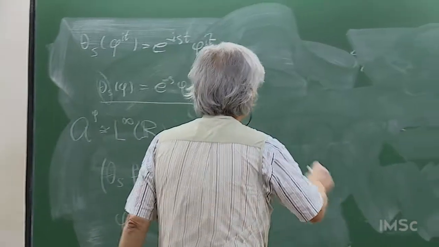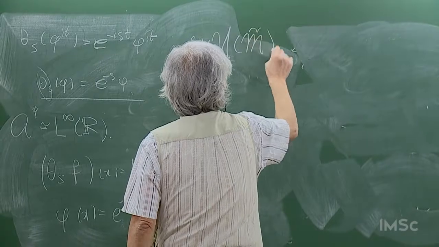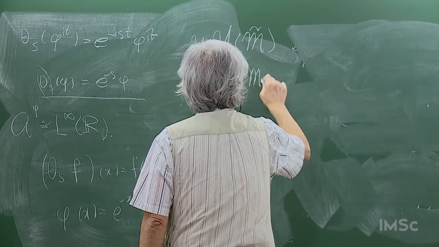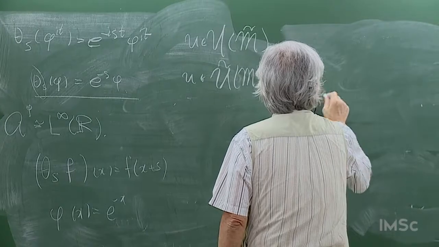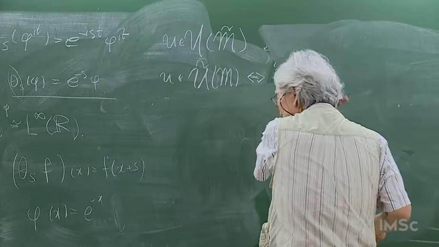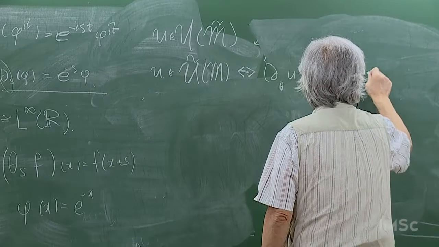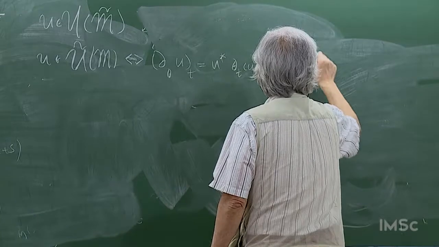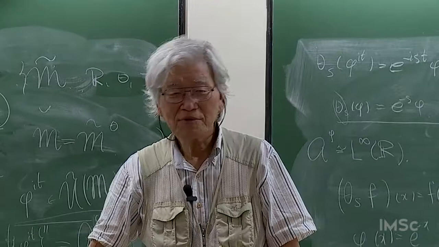A unitary U of M tilde belongs to the normalizer of M if and only if the coboundary U star theta T of U belongs to the center. Okay, this is not that difficult. Let me do it again.